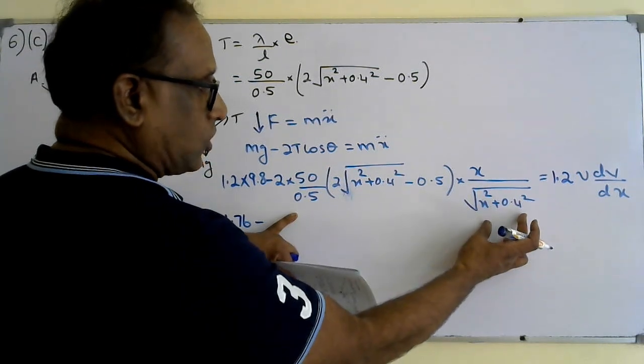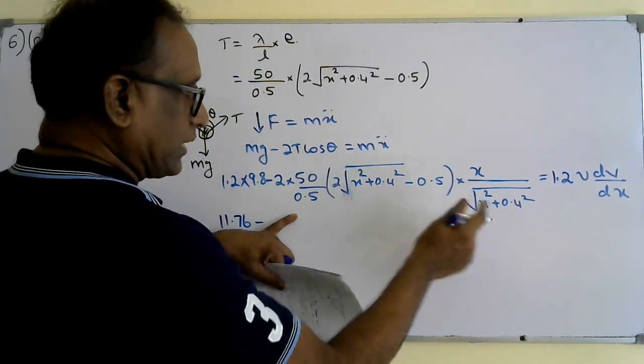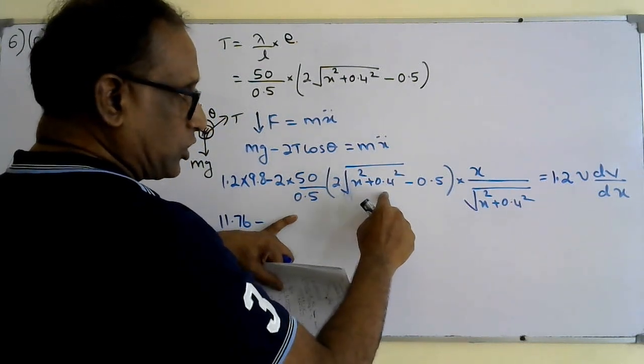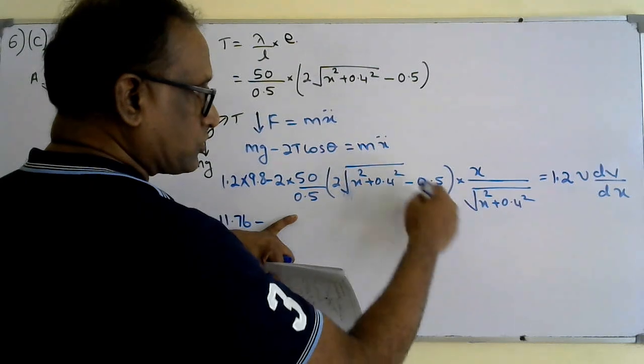Then I have to multiply this also. When I multiply inside, the square root of x squared plus 0.4 squared will get cancelled.